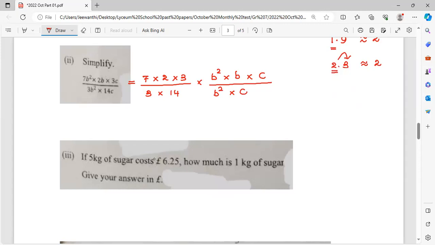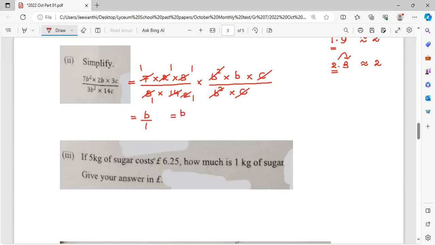Now children, you can see that the c and c cancel. b to the power 2 and b to the power 2 cancel. 7 times 1, 7 times 2. 2 times 1, 2 times 1. 3 times 1, 3 times 1. So what is remaining? b over 1. The answer is b.